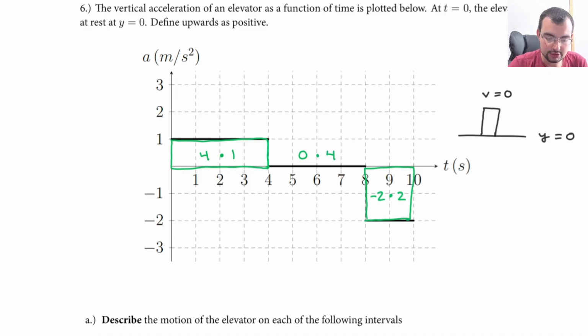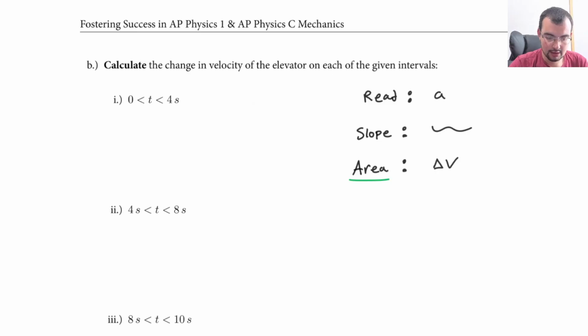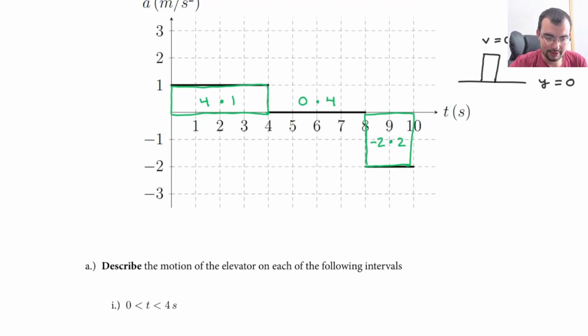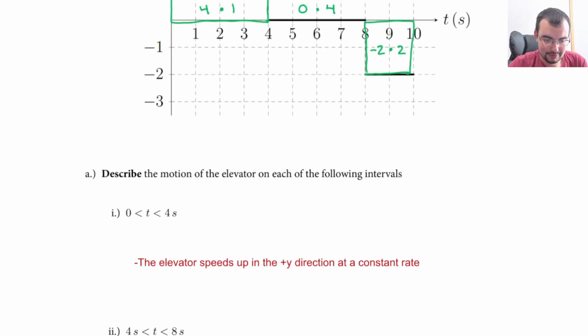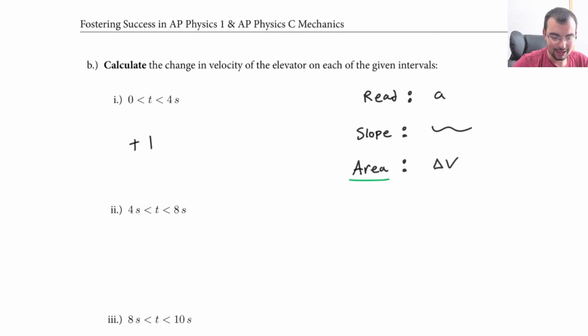So what are our changes here? Sorry, 1 meter per second per second times 4 seconds, which gives positive 4. I can't do math. Positive 4 meters per second. Then I have 0 meters per second of change.